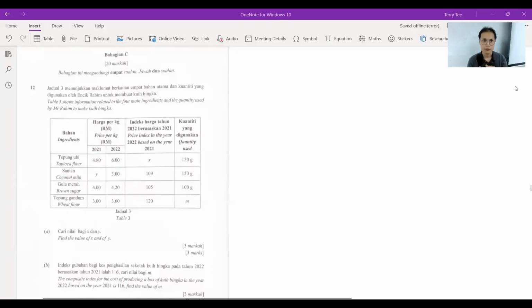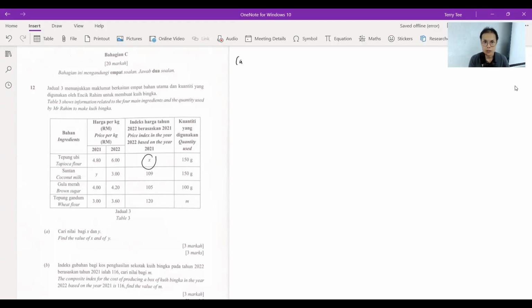Okay, question number 12. Jadual menunjukkan maklumat berkaitan 4 bahan utama dan kuantiti yang digunakan oleh Encik Rahim untuk membuat kuih bingkah. Okay, so cari nilai bagi X dan Y. So X is your indeks harga, or price index, for tepung ubi.